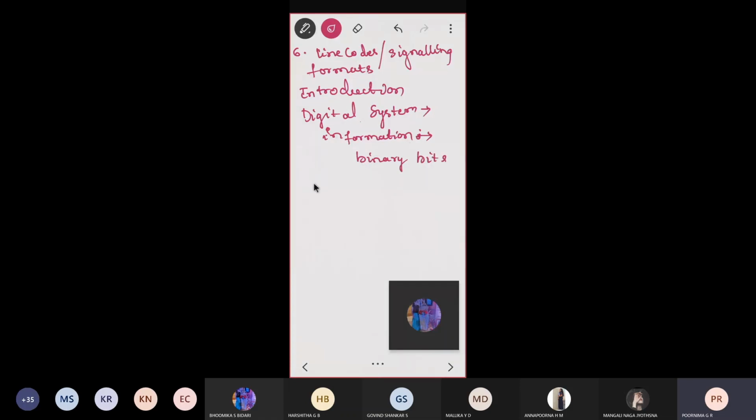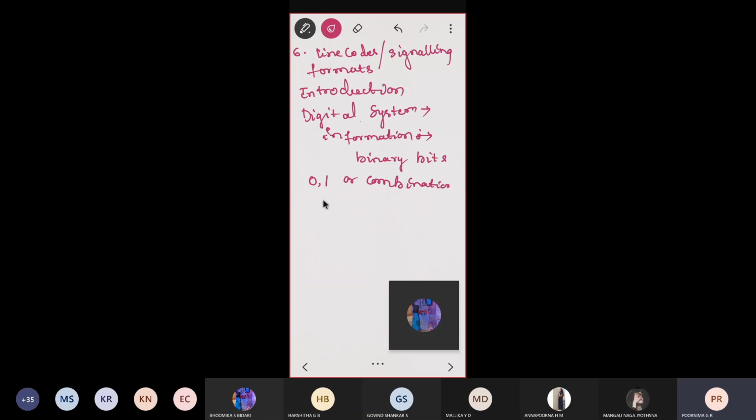These binary bits are 0 and 1, or combinations of zeros and ones, or a continuous bit stream of zeros and ones.